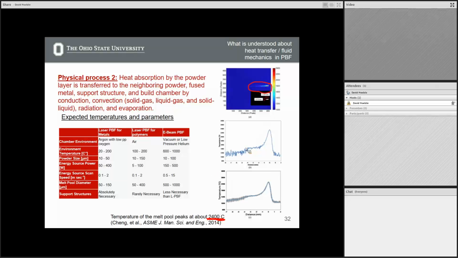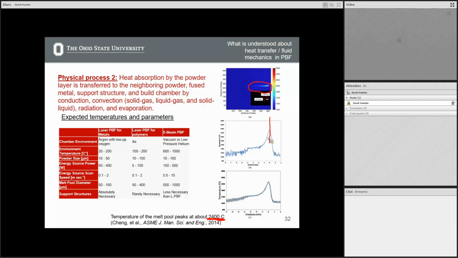This is a two-dimensional heat map, but you can also plot these along the distance. This would be the very peak temperature in the melt pool, and in this case it's around 2,400 degrees Celsius, so I add 273 to that to get Kelvin.